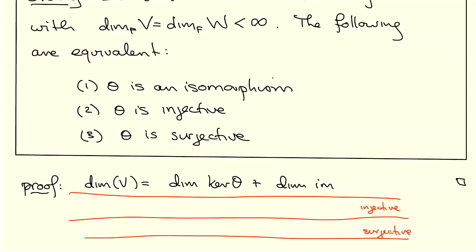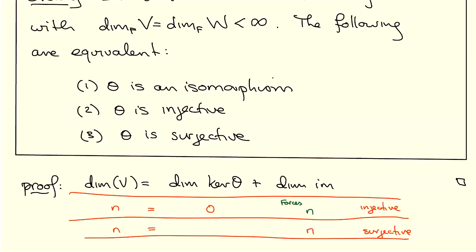If we were injective, then we know that the kernel is just the zero vector space, so this is zero dimensional, and this one's n, let's say. That forces this to be n, which means the image is all of W. Similarly, if we were surjective, our image is everything in W, which has the same dimension as V, so n.